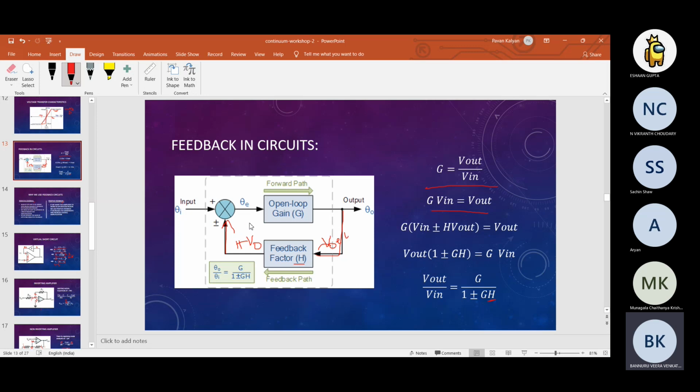It is not for the one step, right? For the first step, it will be V out only. But for the coming steps, the input will become V in plus H times of V out, V in plus or minus H times of V out. Okay, what is your doubt? Is it clear now?